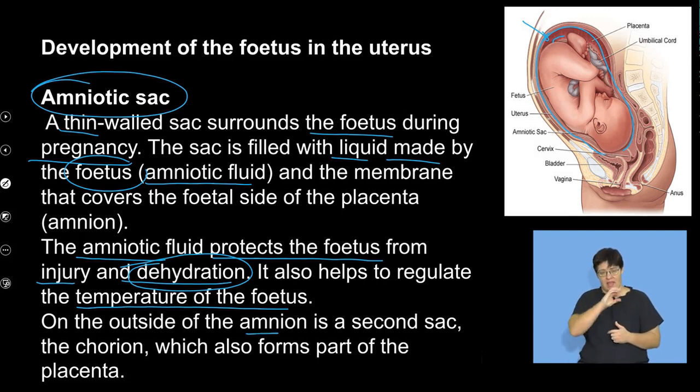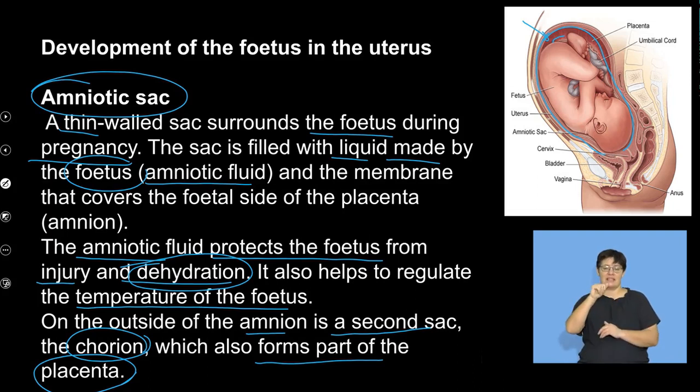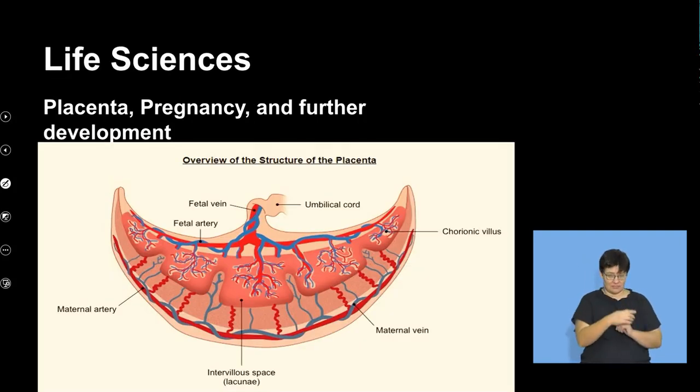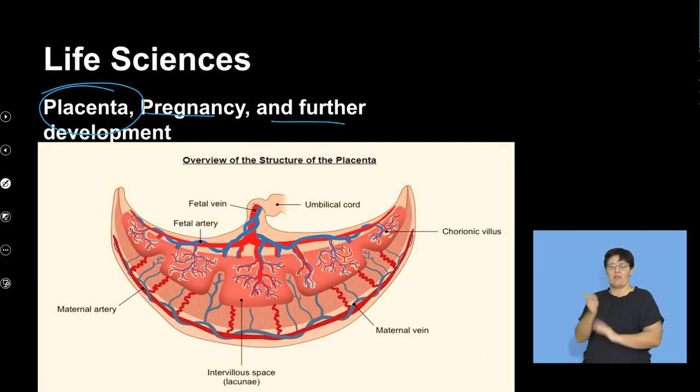From the outside, the amnion is a second sac called the chorion, which also forms part of the placenta. So there is a chorionic layer which we will see in the next diagram. What is very important for us to understand is the structure of the placenta and its role during pregnancy and further development.